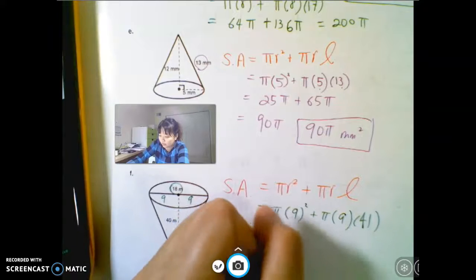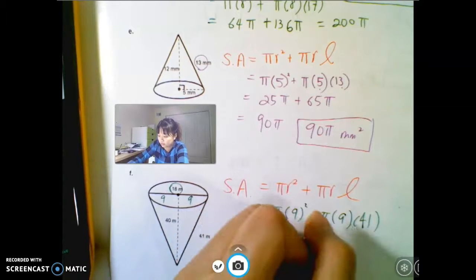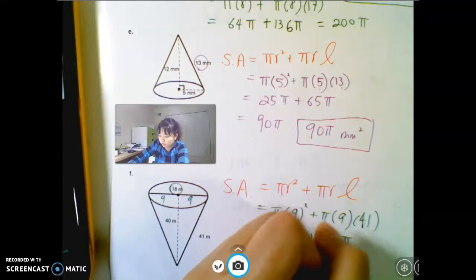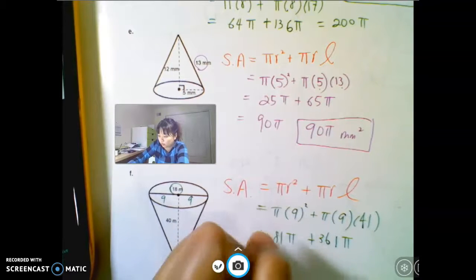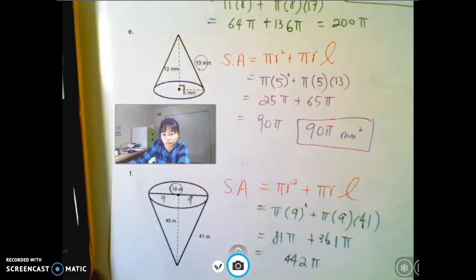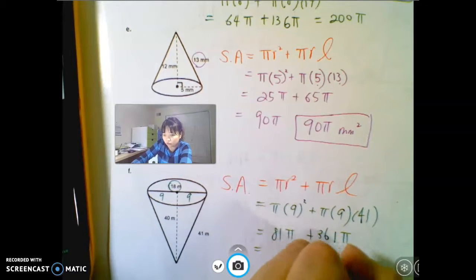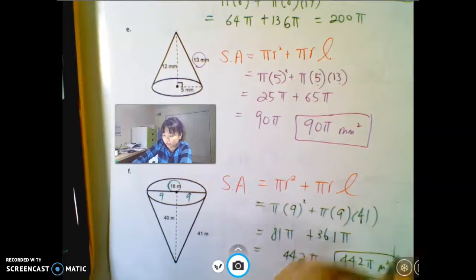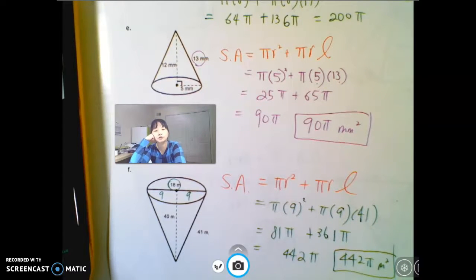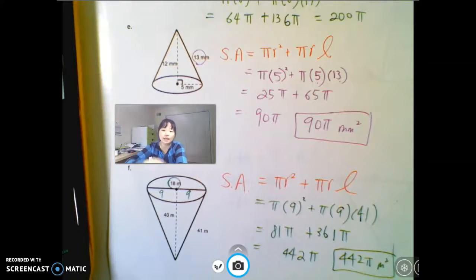So that'll be 81 pi plus 361 pi. That is a total of 442 pi. When you are writing or boxing your answers, don't forget to include the units. 442 pi meters squared. And then there you have it.